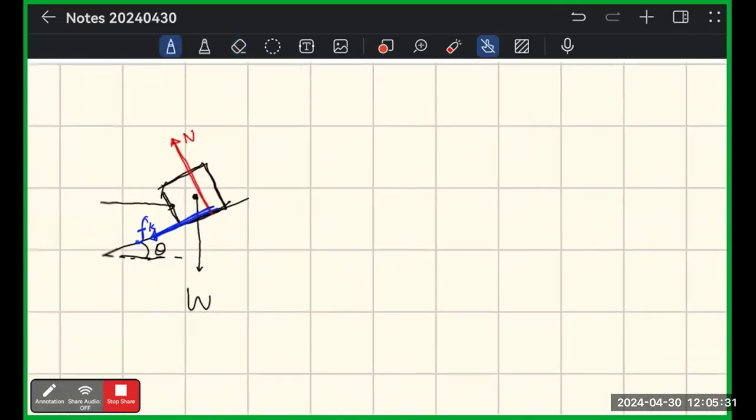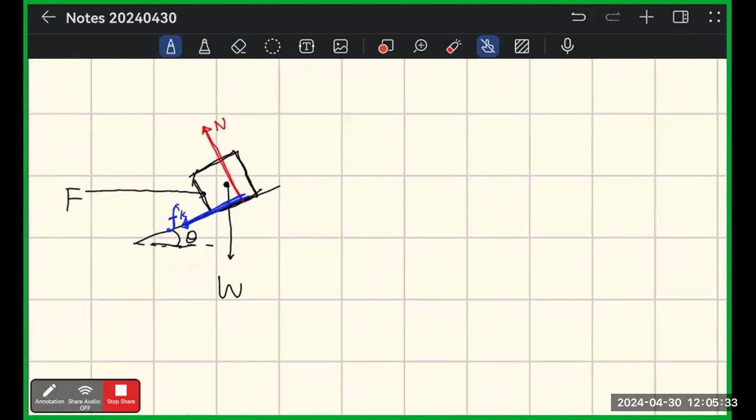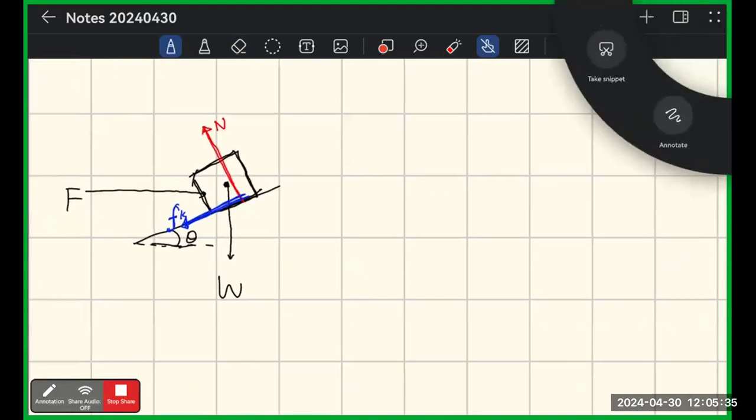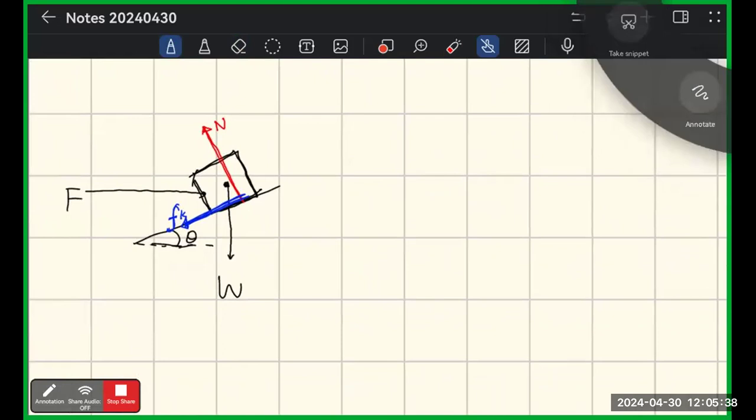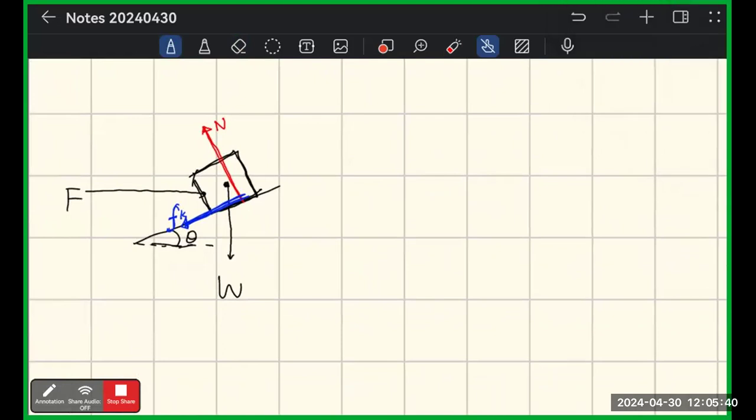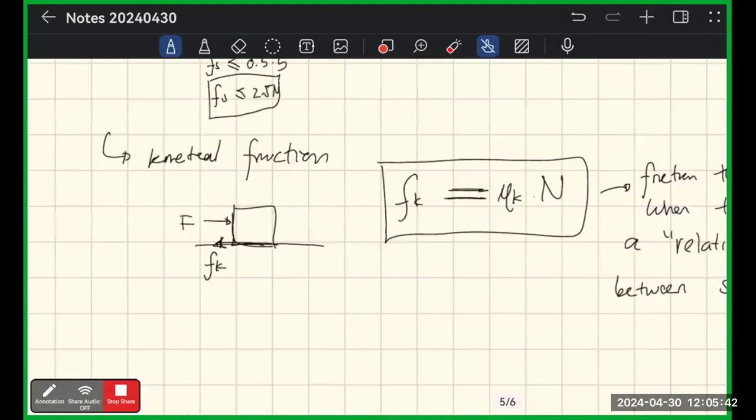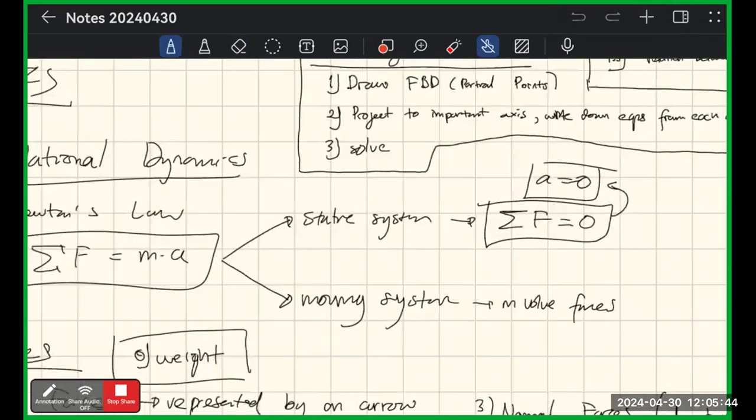The next thing is to project all of these forces into important axes. That's the step I told you. What is an important axis?